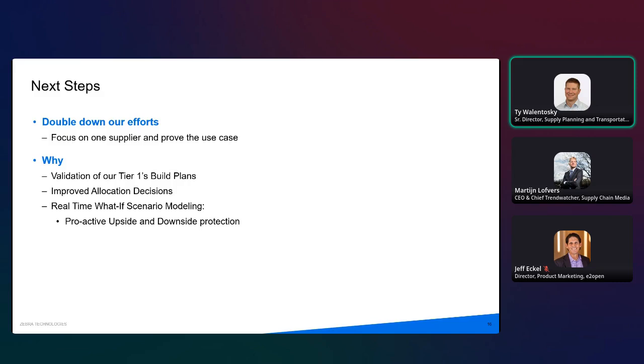And so that we can take that information and try to drive different decision making, potentially different negotiations, to create a more agile supply chain, so that when events like that do happen, we're better prepared to react quicker.